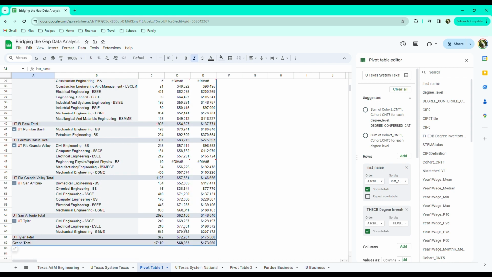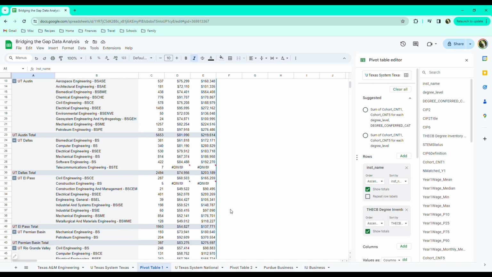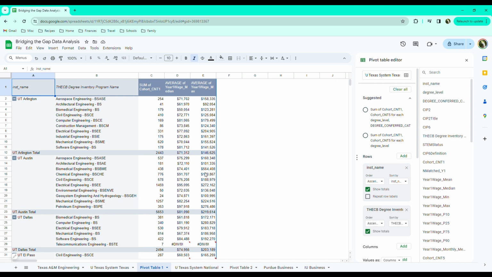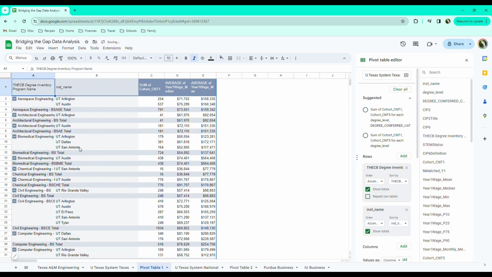So if you are looking at different schools within the UT system, you can tell how they fare overall compared to each other. But I think more telling is switching this around so that you get by major and then by institution.